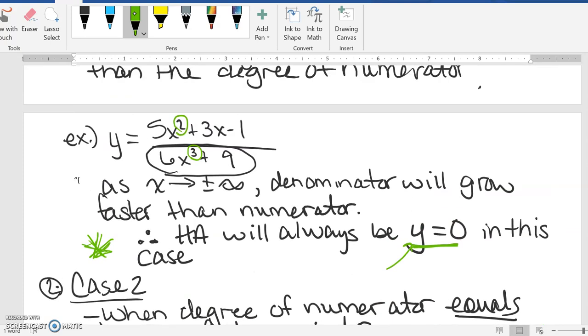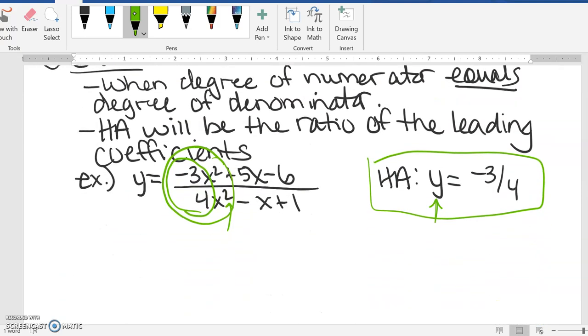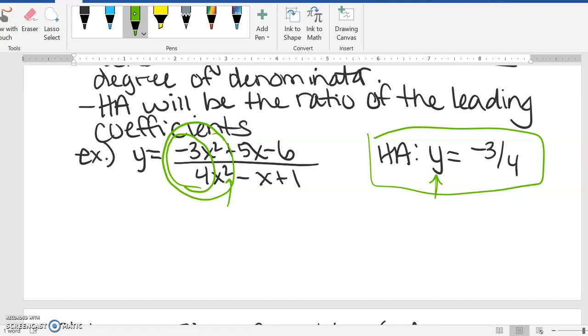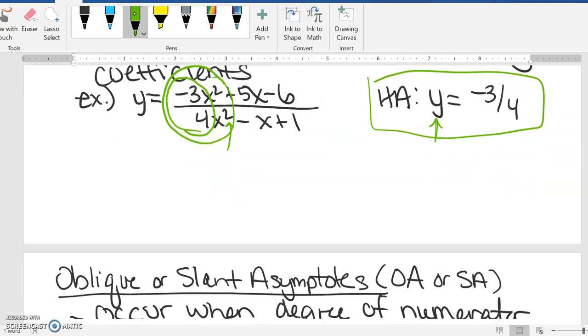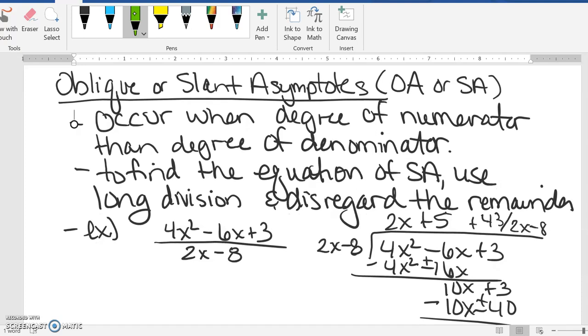So if you take a look here, we had one case when the degree in the bottom was bigger. We had another case when they were equal degrees. The only case we haven't touched on yet is when the degree is greater in the top. When that happens, we have something called an oblique or a slant asymptote. You could use either word, and either abbreviation is fine.